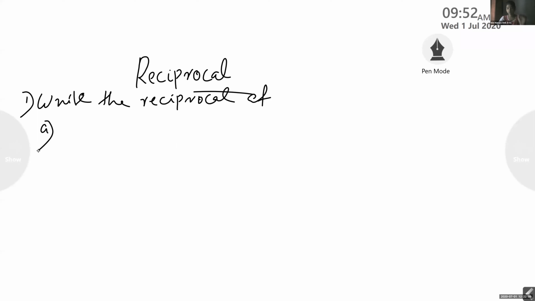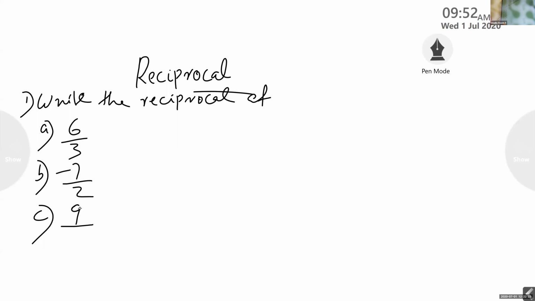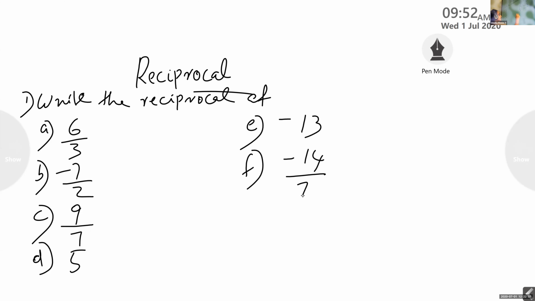Write the reciprocal of 6 by 3, negative 7 by 2, 9 by 7, 5, negative 13, negative 14 by 7, and negative 8 by negative 30. Okay, all of you write the reciprocal of these numbers.